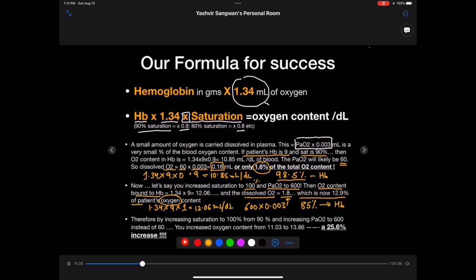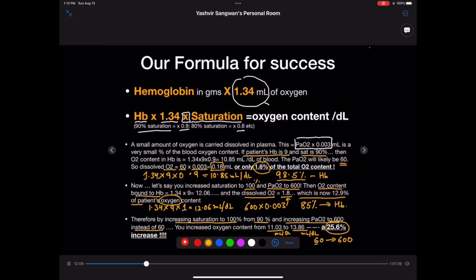You did, though, by increasing saturation to 100% from 90% and increasing the PaO2 to 600 from 60, increase the oxygen content of the patient's blood from 11.03 milliliter per deciliter to 13.86 milliliter per deciliter, a 25.6% increase in the oxygen content that you got from changing the PaO2 from 60 to 600.